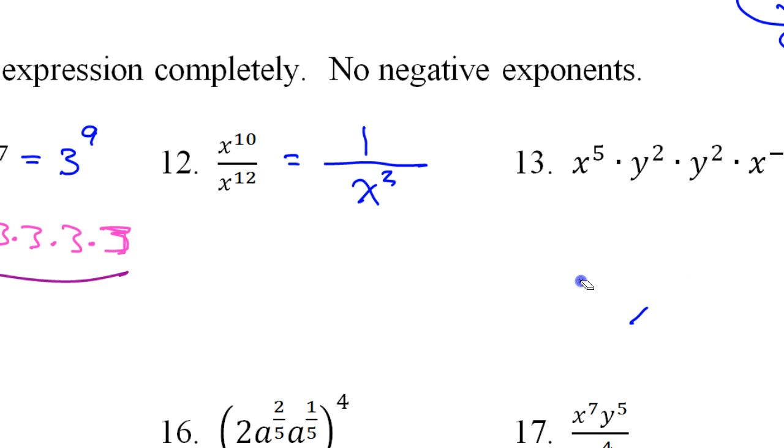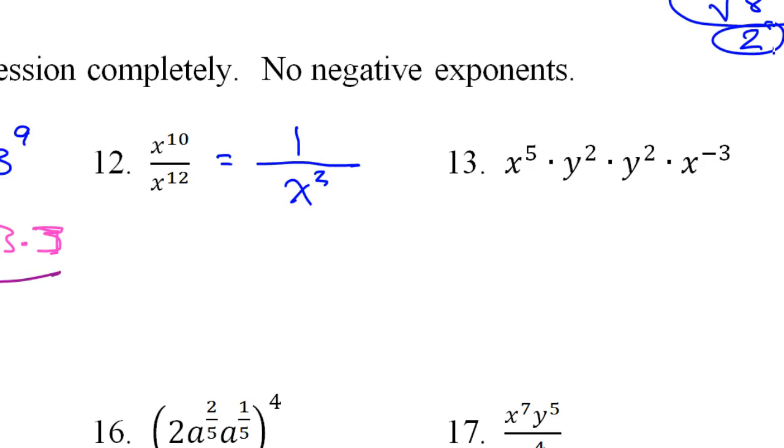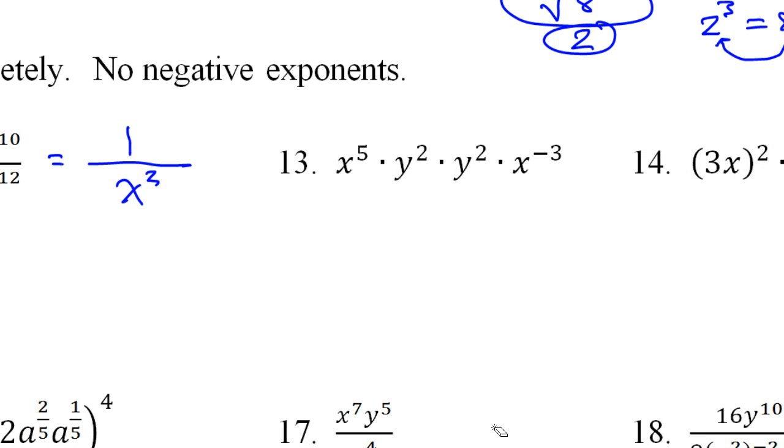I don't want to take the time to write 10 x's over 12 x's, but just picture it in your mind and see that the 10 x's in the top are going to cancel out 10 of the x's in the bottom and leave 2 x's left over in the bottom. That's where the extra numbers are, the extra x's. Okay, back to this.